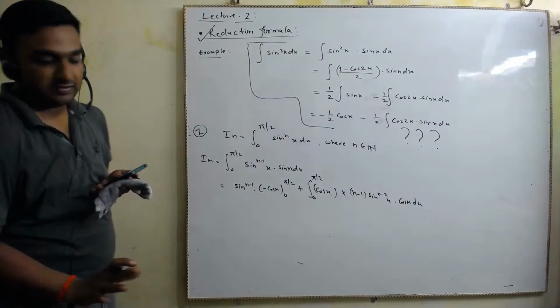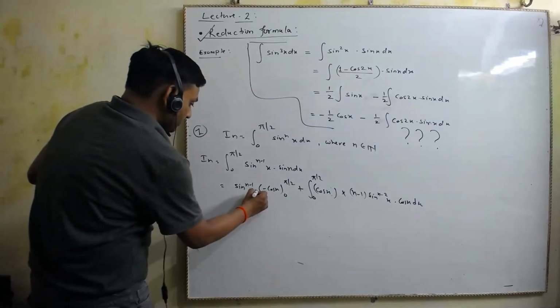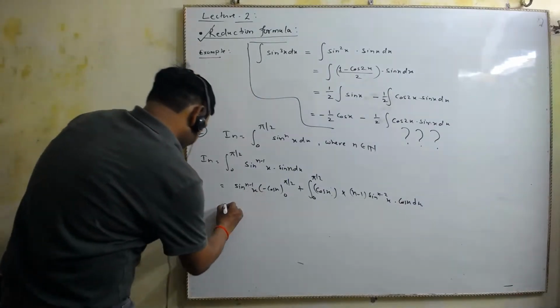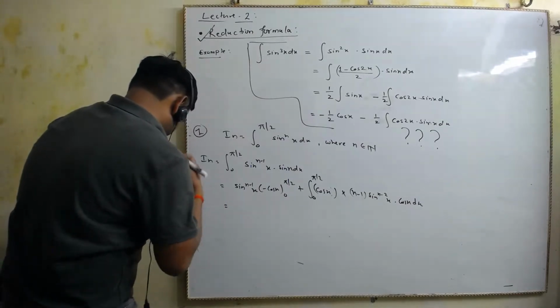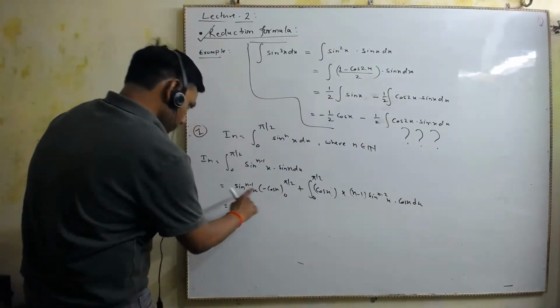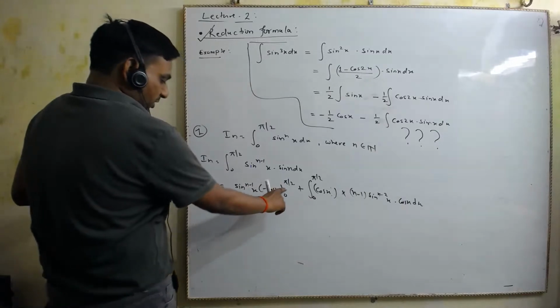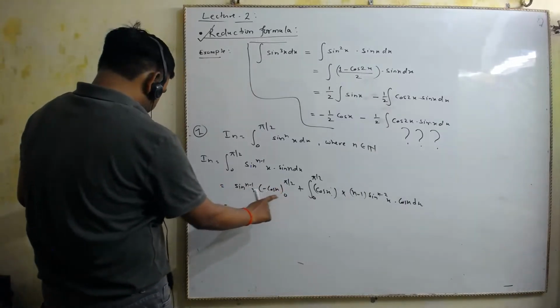Fair, dear fellows? Now cos pi by 2 is 0, cos 0 is 1.